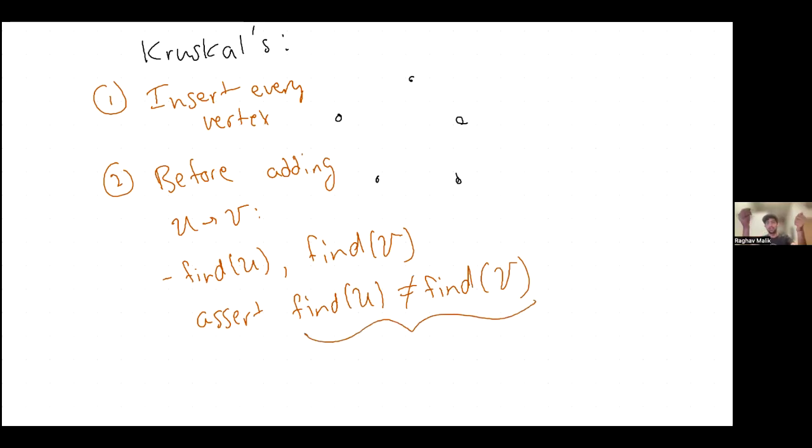If find u and find v return the same set, then we know that u and v are somehow already connected, which means that adding this edge would create a cycle. So when I say assert, I mean if these are equal, then we just skip it, right?